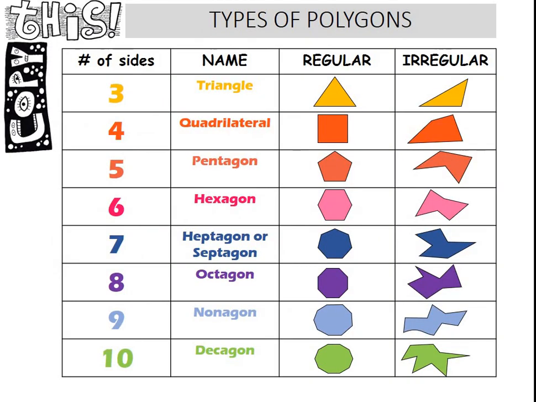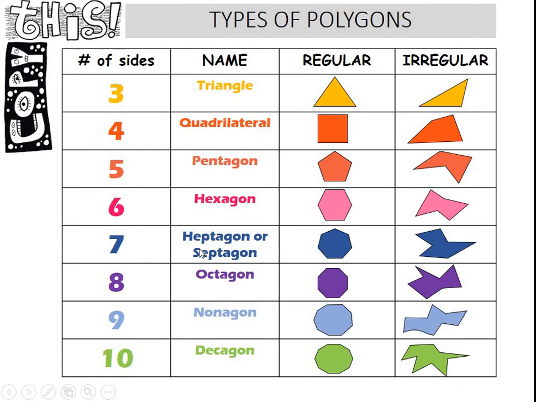You will need to copy out this table into your books so you can recognize the name of the polygons and the number of sides. A three-sided shape is a triangle. Four-sided shape is a quadrilateral. A regular quadrilateral is a square. Five-sided shapes are a pentagon. Six are a hexagon.